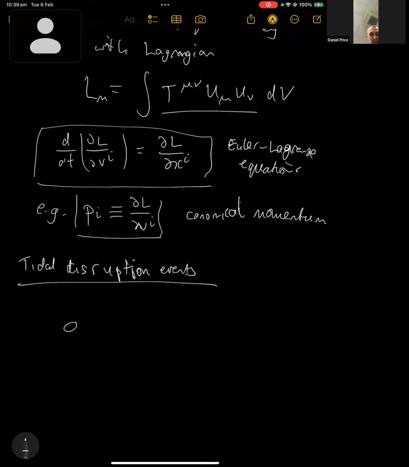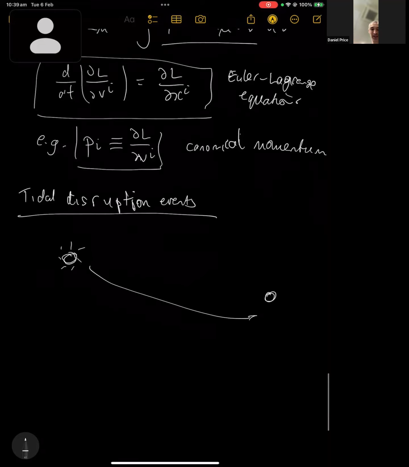Okay, so let's take a star like the sun, having a close encounter with the black hole. What's the problem with just considering the gravity from the black hole? Murmur amongst yourselves. The issue is we need the star to hold itself together when it's a long way from the black hole.